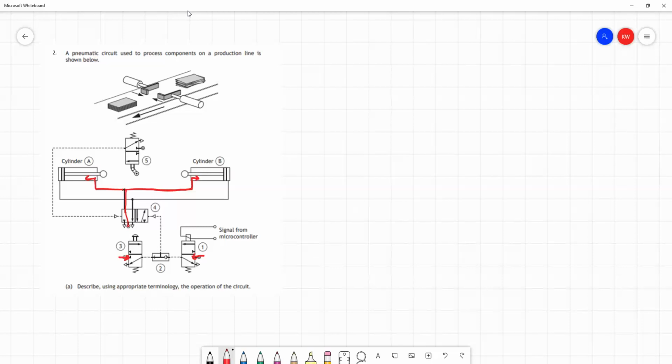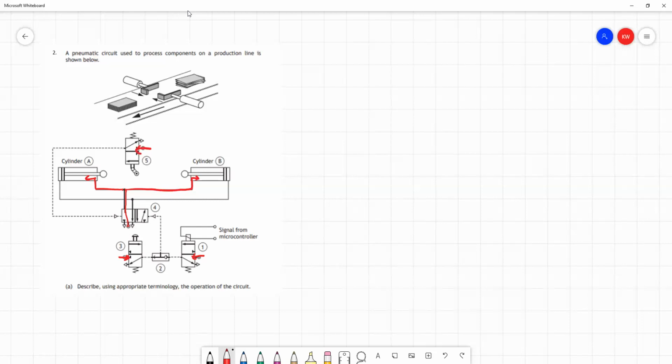So we can see that as where the air supply is currently going. And there's also an air supply up in valve 5 here. That too is going nowhere. So the starting point for this circuit is that there is an air supply flowing through valve 4, causing the two cylinders to be in the in-stroked position.